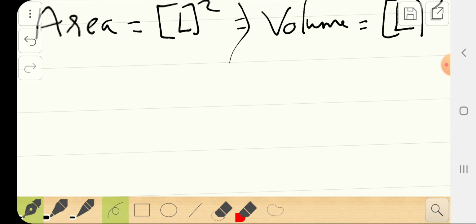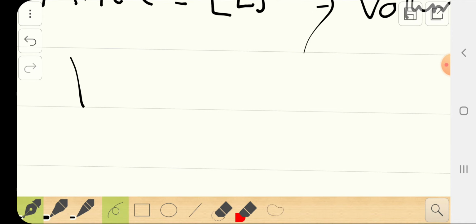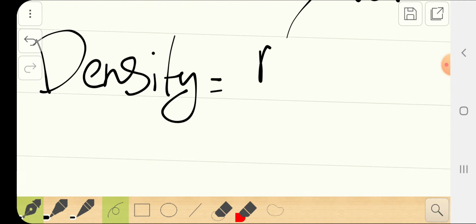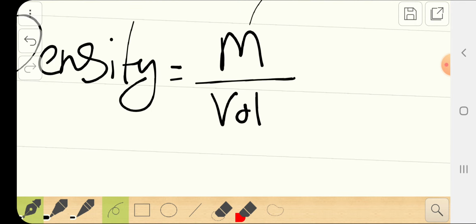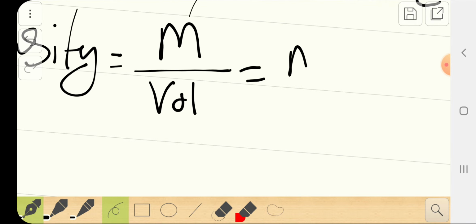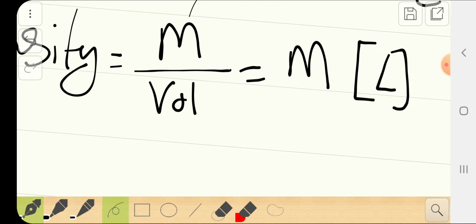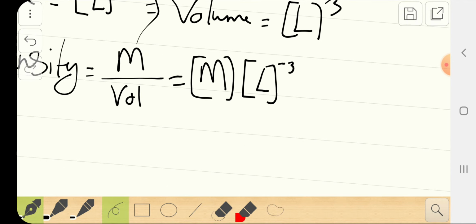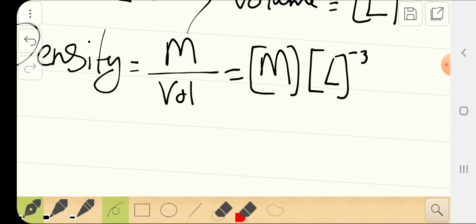And then you have something like density. Density is mass divided by volume, so it's M times L to the power minus 3, right? We have defined volume, so it's M divided by that. So we are deriving units from derived units.